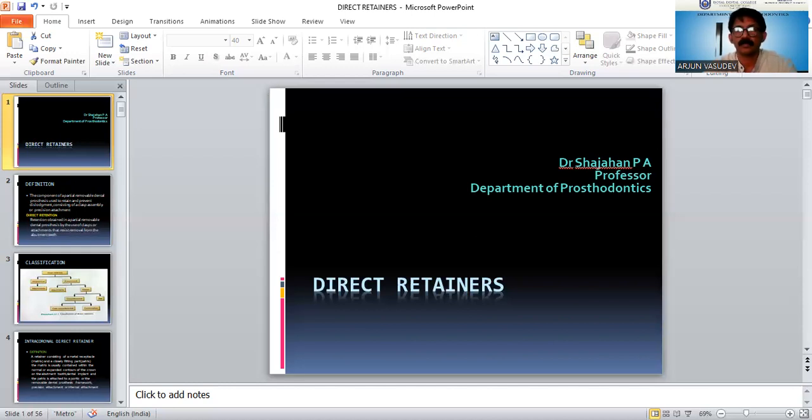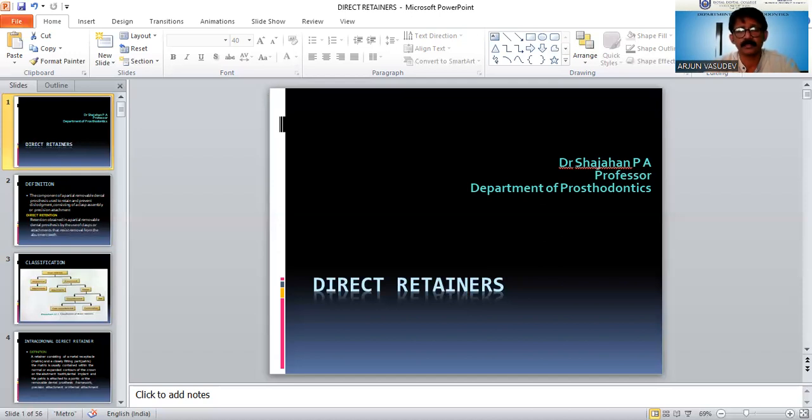They have two components, matrix and patrix. We have already discussed this, and they have some advantages over the extracoronal clasp because they are more aesthetic, but the disadvantage is that they have to be prepared by altering the existing anatomic crown. That is the main problem.